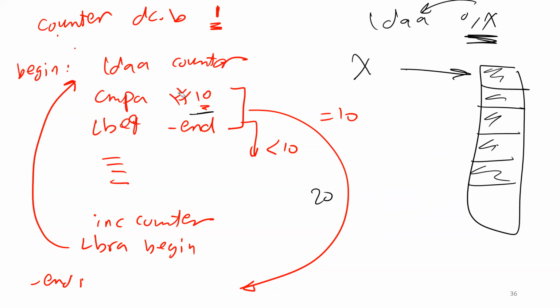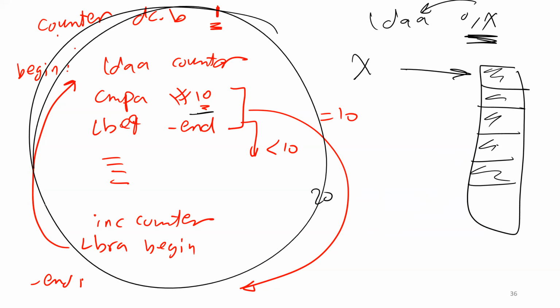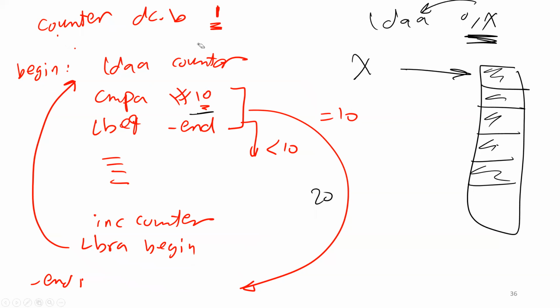So I can make for loops something like this one. I'm going to loop 20 times. Here in the very beginning, I'm going to initialize x. So let me give you an example of how we can do it. For example, I have an array. I'm going to call it any name, for example ARR. I'm going to say dc.b 2, 3, 7, 5, whatever. So this is an array.